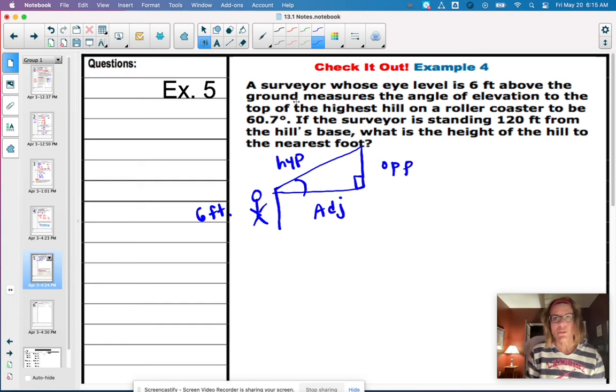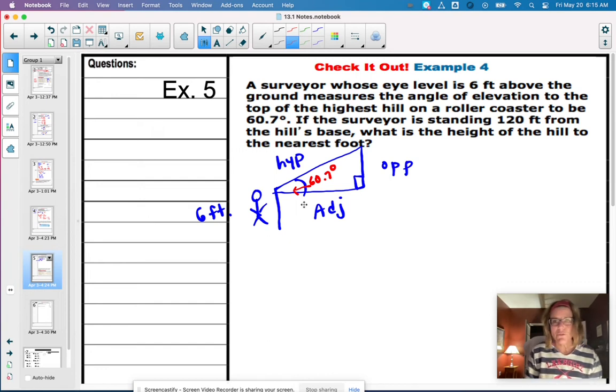All right, so a surveyor whose eye level is 6 feet above the ground. That's where I got that 6 feet, eye level. Measures the angle of elevation to the top of the highest hill on a roller coaster to be 60.7 degrees. So this angle right here is 60.7 degrees. That is our theta.